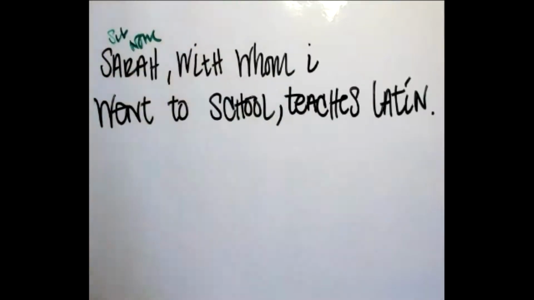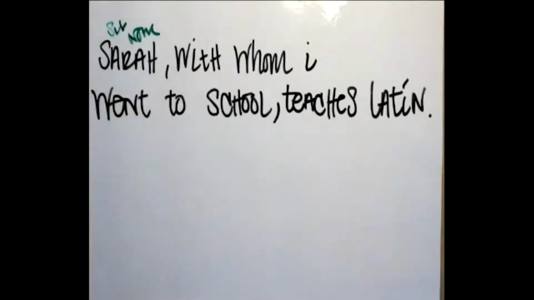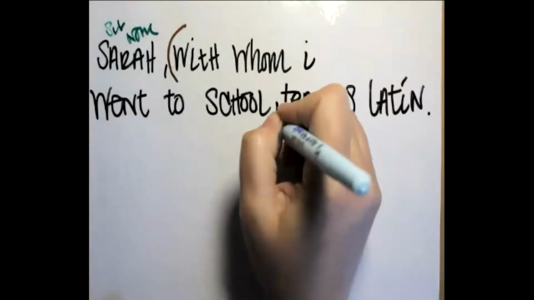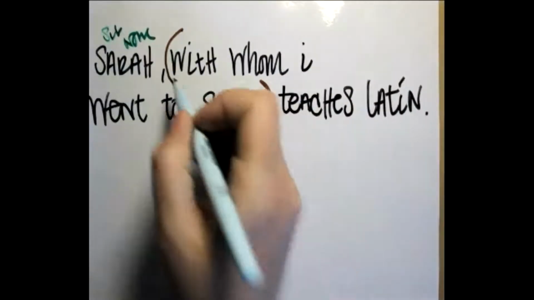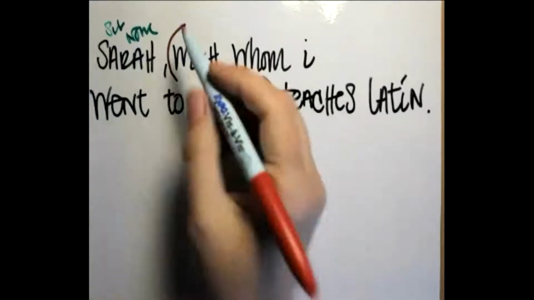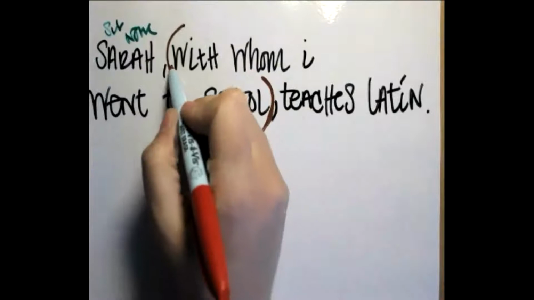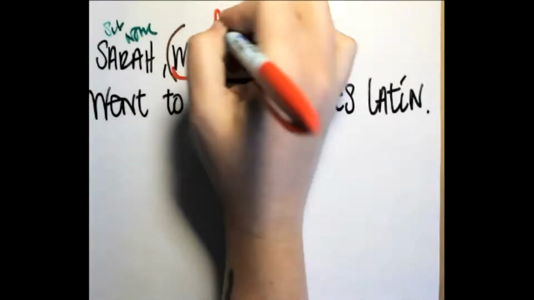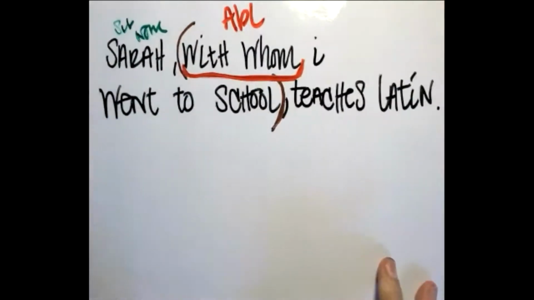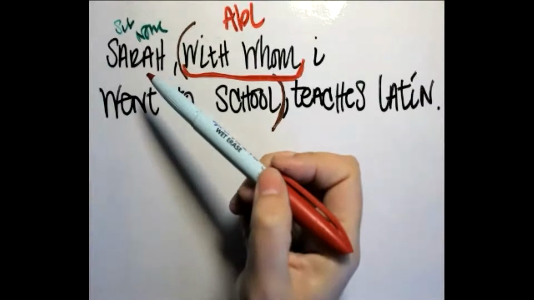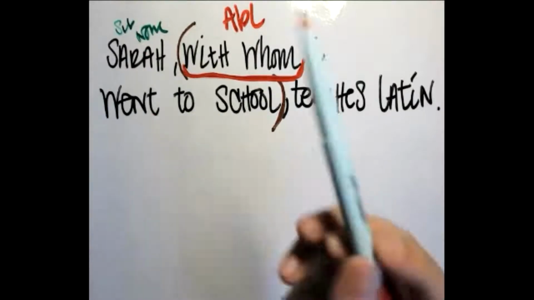But here inside the relative clause, we have with whom, and we know from practicing our noun cases that when you have something like with, by, with, you are in the ablative. Okay, so when we translate this into Latin, Sarah is singular and feminine, but she's in the nominative.